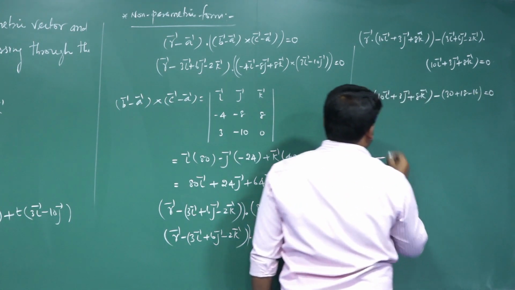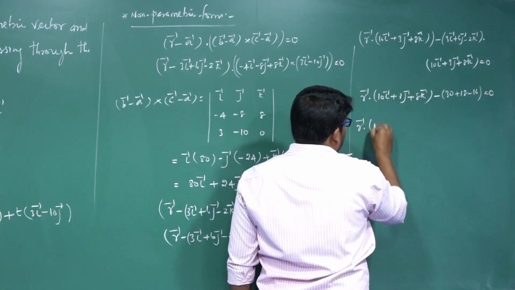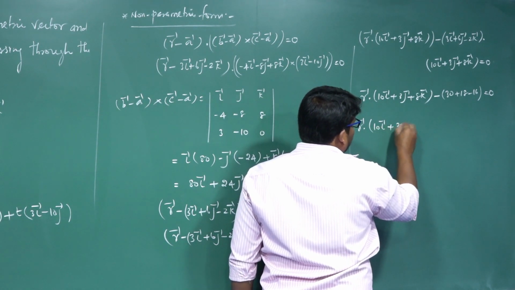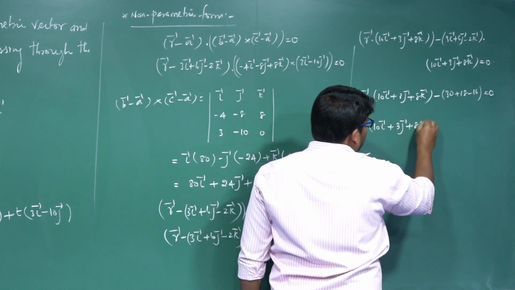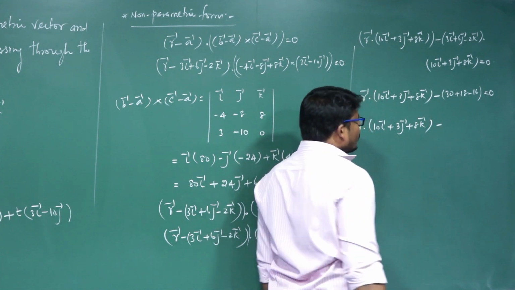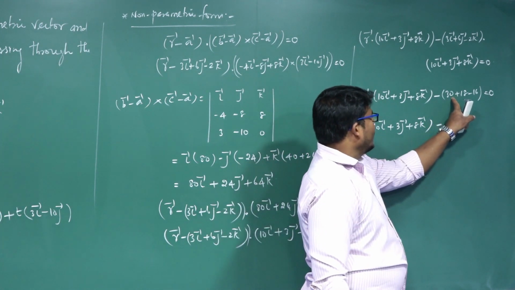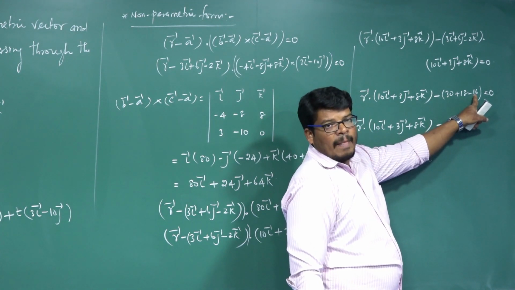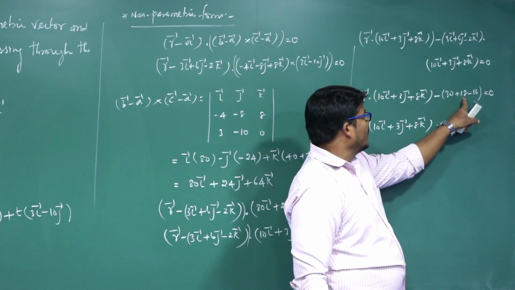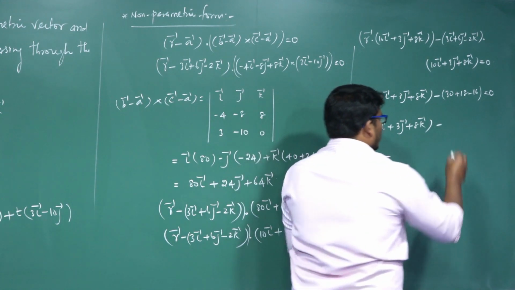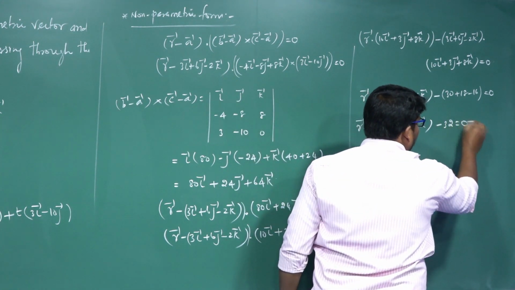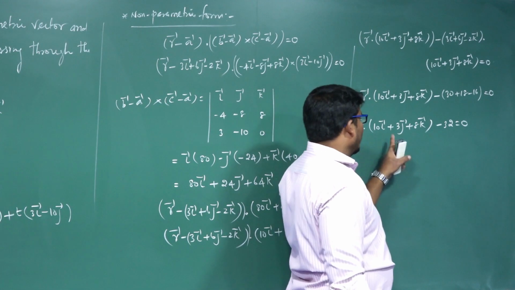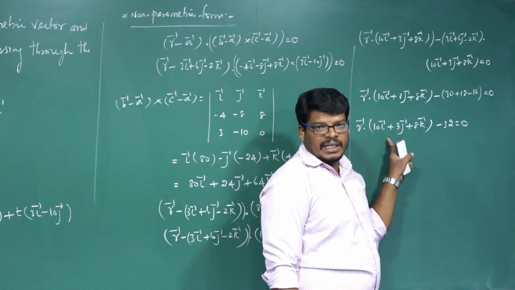That is, r vector dot 10i vector plus 3j vector plus 8k vector minus (30 plus 18 minus 16), which is 32, so minus 32 equal to 0. That is the non-parametric form of the vector equation.